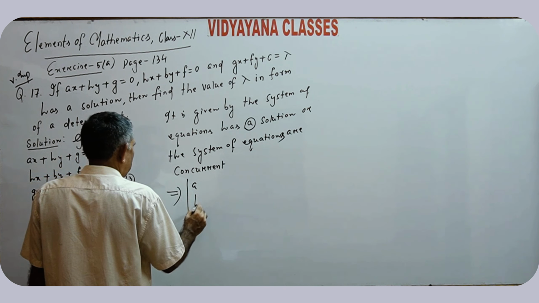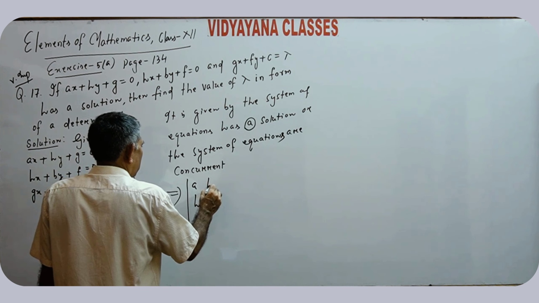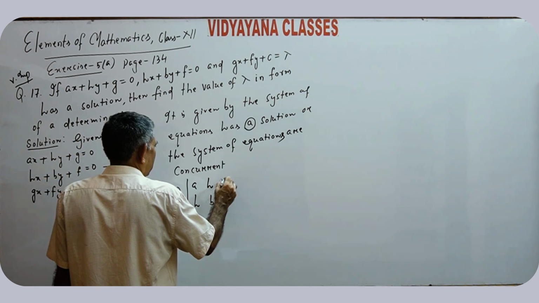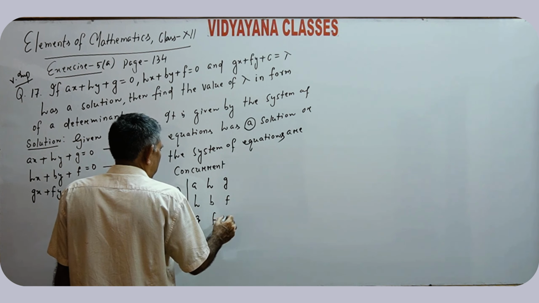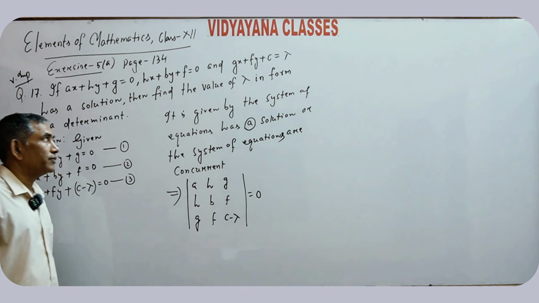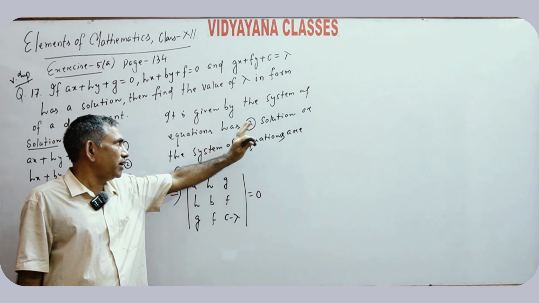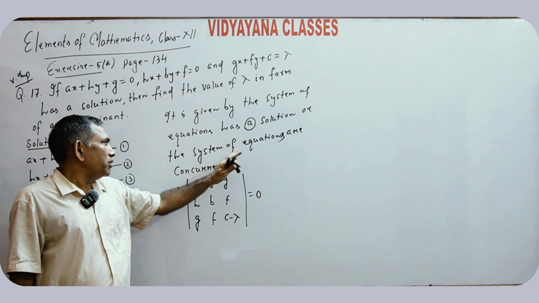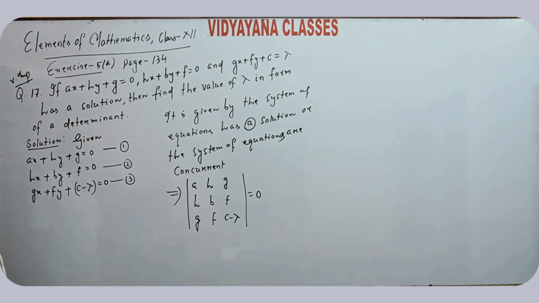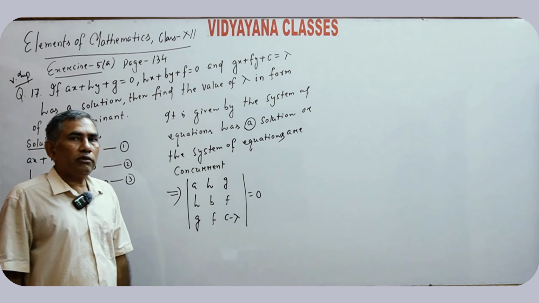A, H, G, H, B, F, G, F, C minus lambda is equal to 0. Clear? Since the system of equations has one solution, or the system of equations are concurrent, implies determinant of the constant terms is equal to 0.